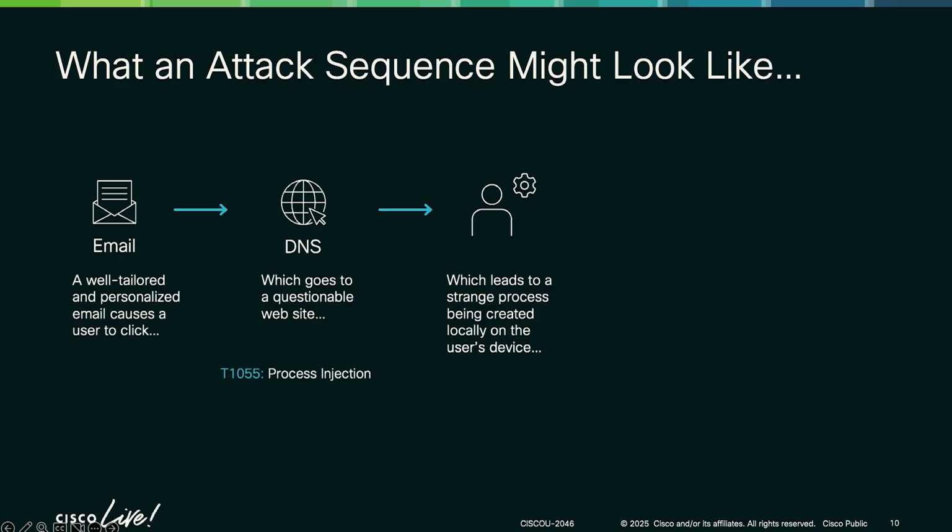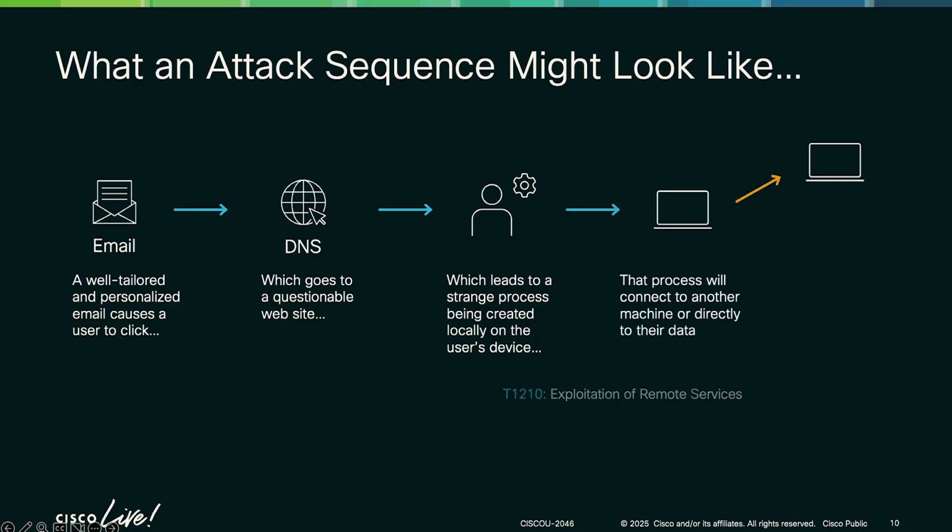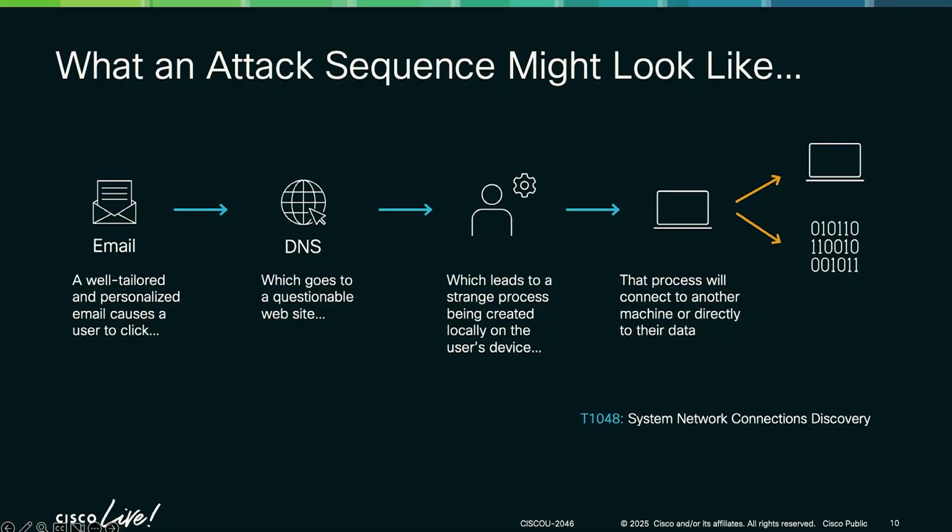It's going to essentially start some kind of strange process in the back end to get the necessary information that it's looking for. And then once it's installed that piece of malware, it's going to do its necessary payload process. It might look for other devices out in the network. It might try to steal data, as an example. So this is just an example of what one attack sequence might look like.